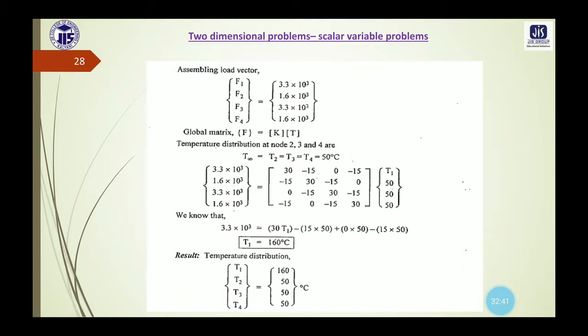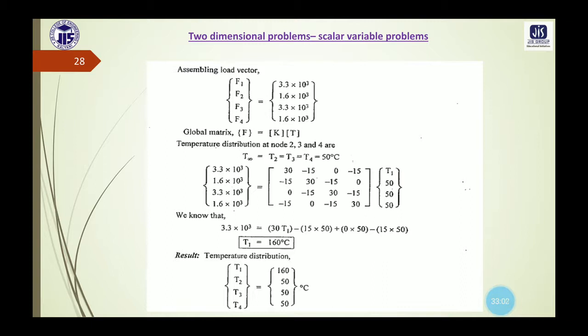Next, we need to find the global equation, and the formula is the multiplication of K matrix into T matrix equals F. Now for the temperature distribution at nodes 2, 3 and 4, T2, T3 and T4 are equivalent, which is 50 degrees centigrade.